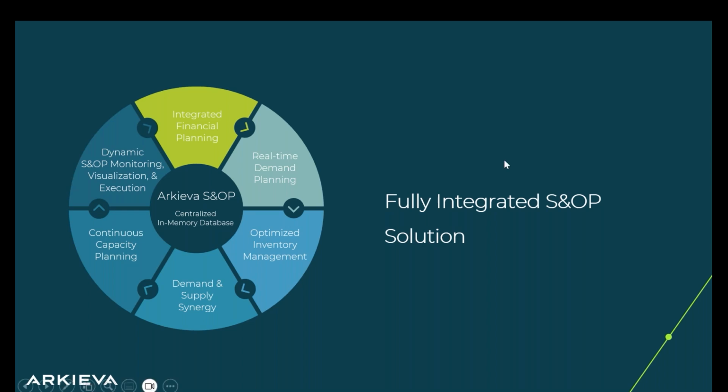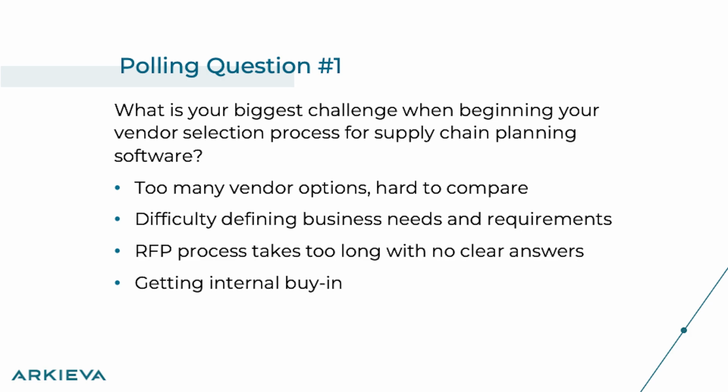And I think we have our first polling question after this slide, yes. So to kick things off today, we're going to start with our first poll, and it is, what is your biggest challenge when beginning your vendor selection process for supply chain planning software? Is it too many vendor options and they're hard to compare? Difficulty defining business needs and requirements?